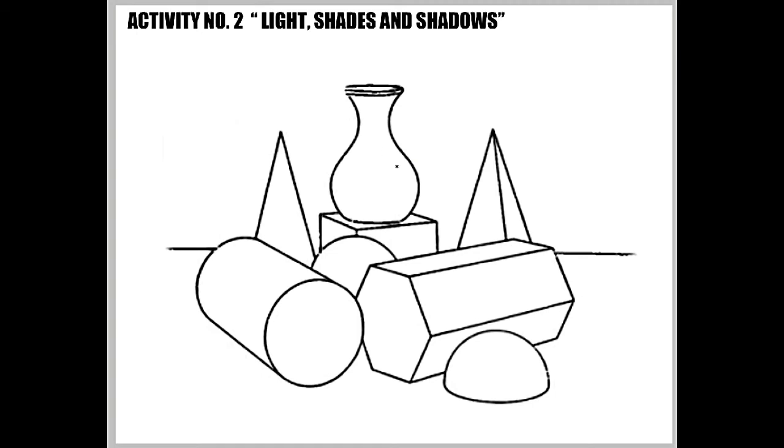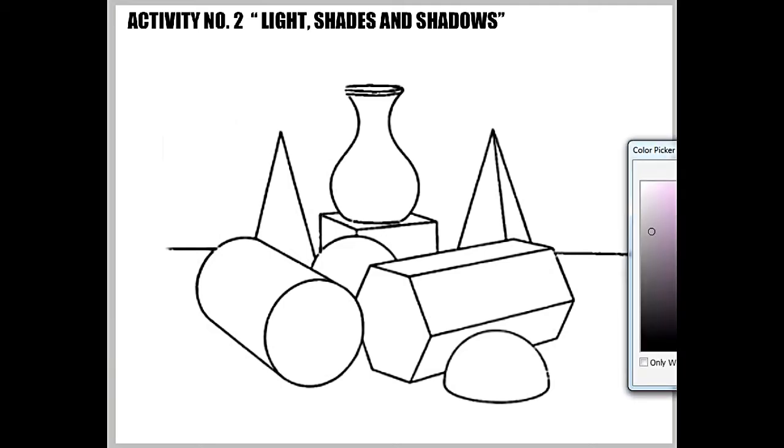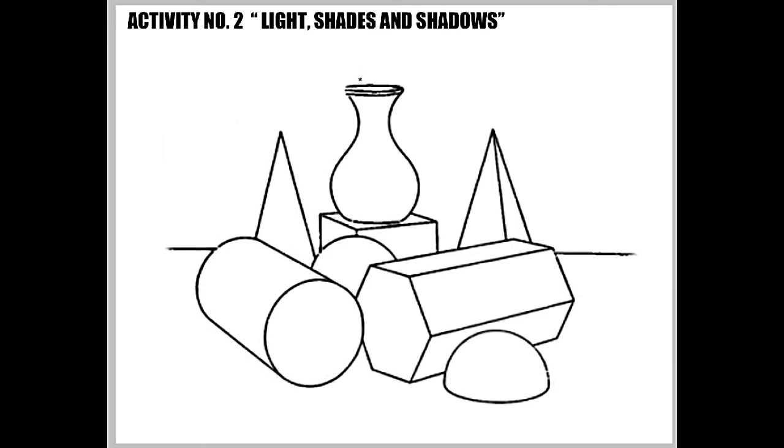Alright guys, ito yung inyong activity number 2, ang paggawa ng shade and shadows on a different shapes object like this one. Dito mag-shade kayo sa baba nitong hexagon. Palitan natin ng gray. Okay. Example of how to make shadow on an object using 45 degrees angle of light.